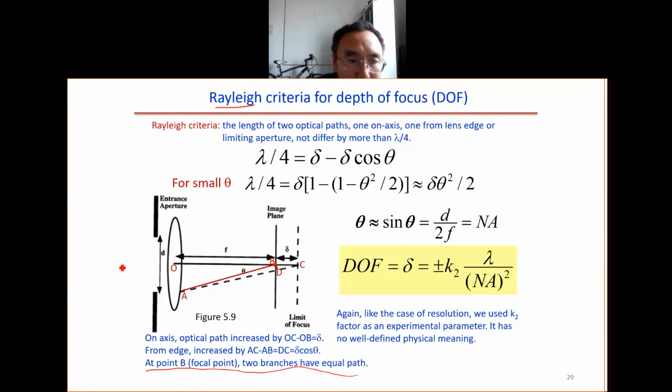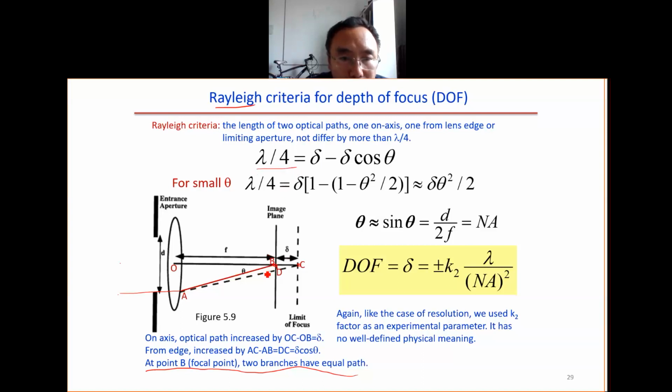One branch goes from here to O to B, and the other branch goes from here to A and to B. So they have equal optical paths. This is the idea of focus, the idea of optical imaging. This is the focal point. At point C, this is no longer focused. The difference between the two paths is given by lambda over 4.